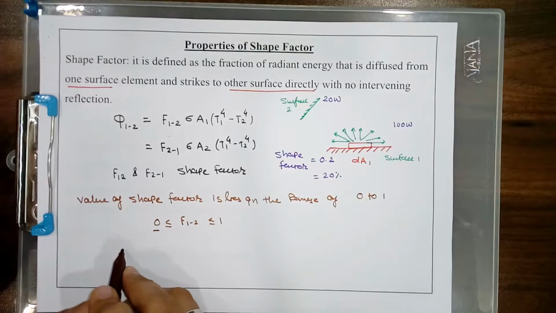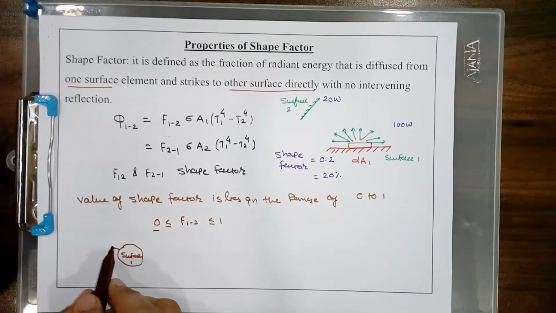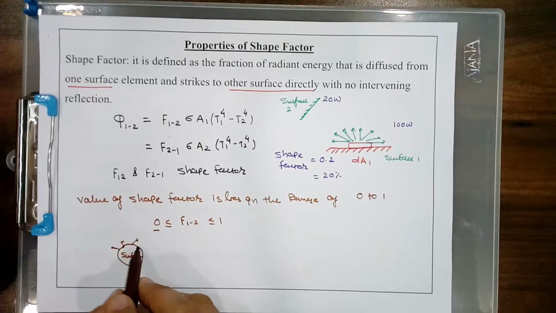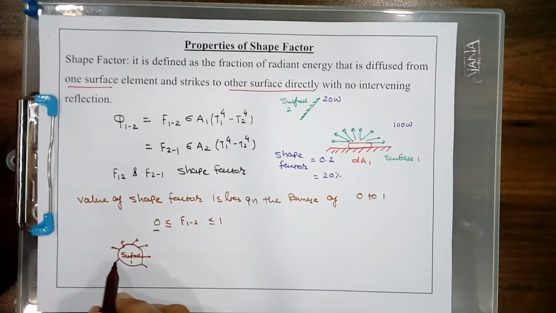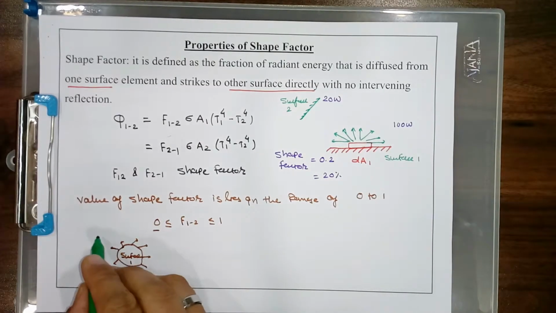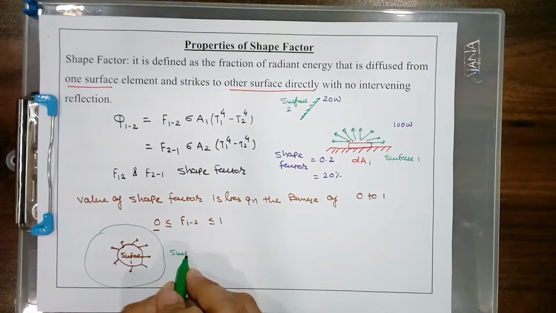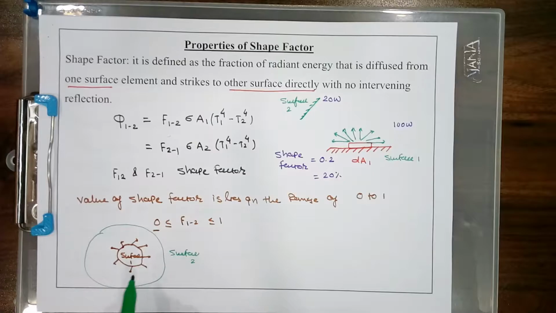Let's take one example. This is my surface 1, which emits radiation in all directions. Now I put another enclosing surface 2 over surface 1, like this. In this case, 100% of the energy leaving surface 1 strikes surface 2, so the shape factor becomes 1.